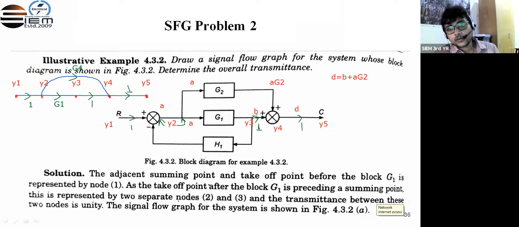And then y3 to y2, there is a feedback of h1. What is the feedback? The feedback is negative.